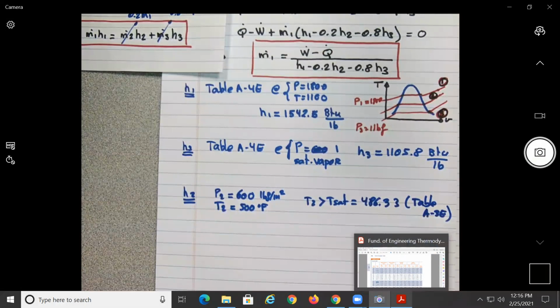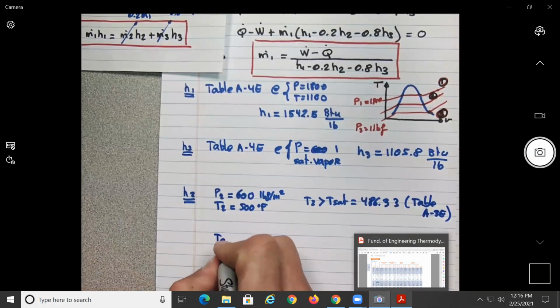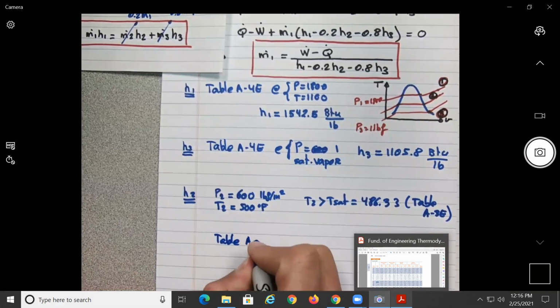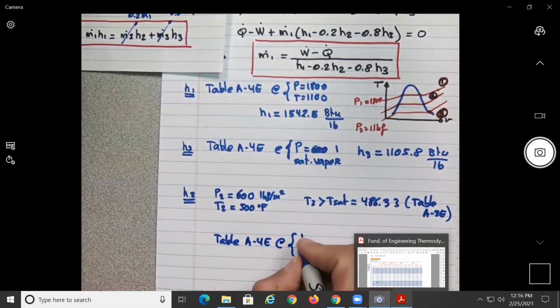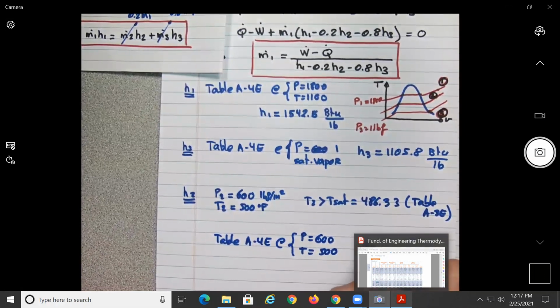Now that we know it's going to be vapor, what is the table we need to go to? Table A4E. We need to know two things: the pressure, 600, and T equal 500. We're going to get H2 from here.